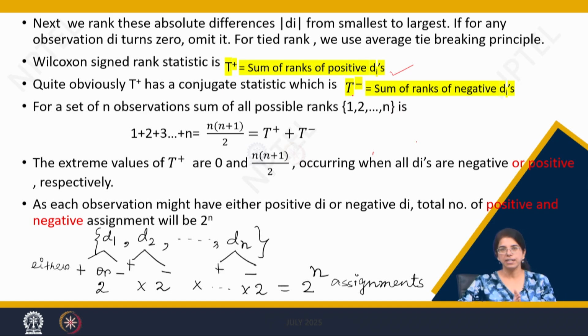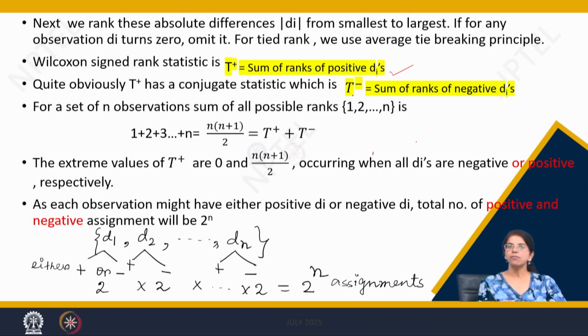That is the beauty of the Wilcoxon signed rank test. Once you calculate the sum of the ranks for the positive di's, meaning those for which the observations are smaller than the null hypothetical median value. Clear? So what I am trying to say is, if you have T plus, then on the flip side you will have T minus. T minus is the sum of the ranks of the negative di's.